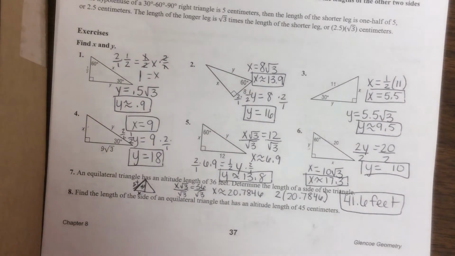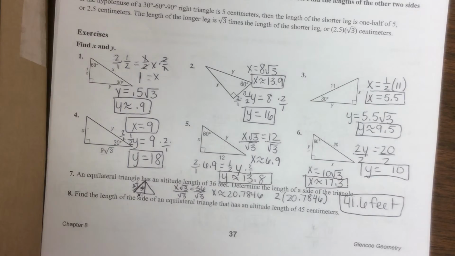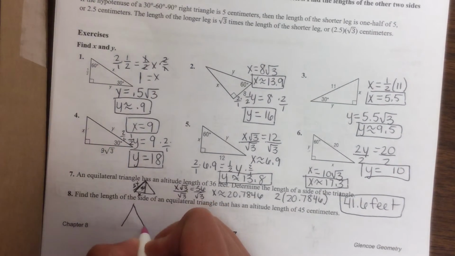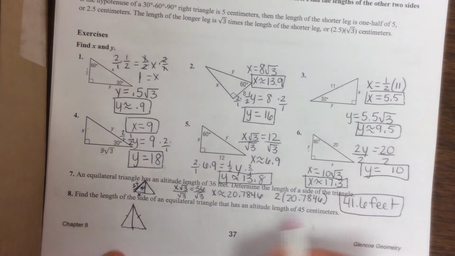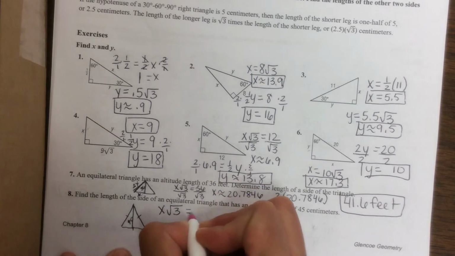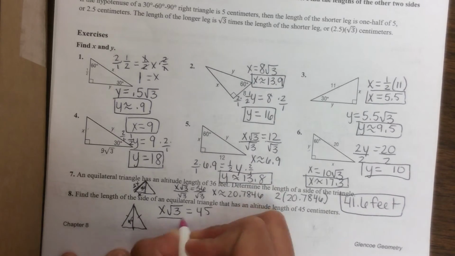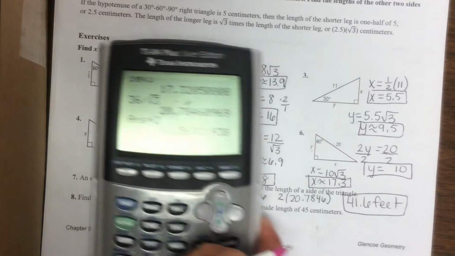Number 8 says find the length of the side of an equilateral triangle that has an altitude length of 45 centimeters. Again, it's the same thing that we just did. All sides are congruent. The altitude is 45. So we take x square roots of 3 and set it equal to 45. Divide by the square root of 3 to find x.